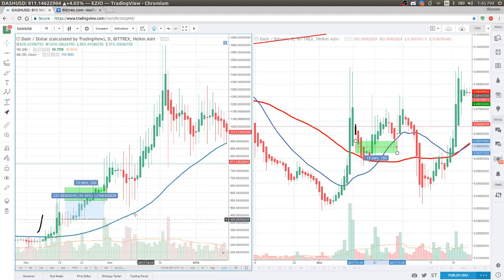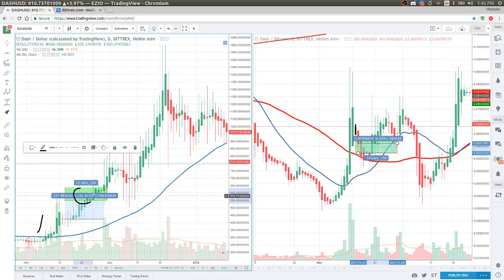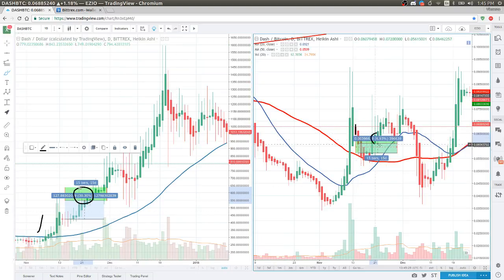Let's say overall 30%. In this case, same days, we buy Dash right here, and we sell right there. So what do we have here? We have a 30% gain in the same days, right? This is from November the 14th, 15 days after, a 15 day trade. And here the same thing, we made 6% in BTC, but we made 30% in USD.